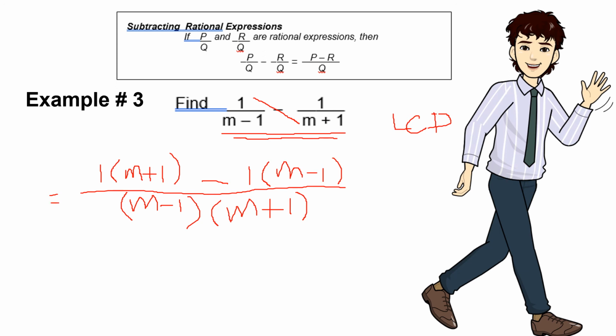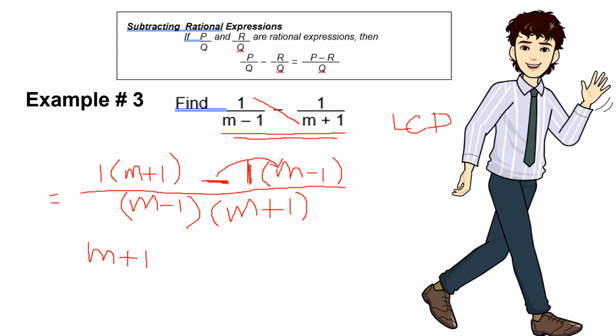So, distribute lang natin yung 1. We have 1 times m. The answer is m. Plus 1 times 1 is 1. Next, gamitin natin yung sign. What is the sign of our 1 dito sa part na to? The sign is negative kasi minus 1, so negative ang sign niya. Distribute natin dito sa m na to.